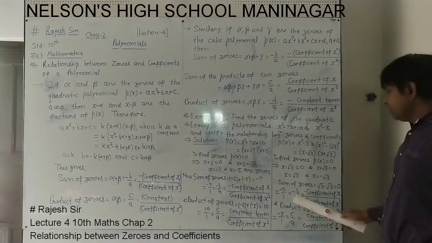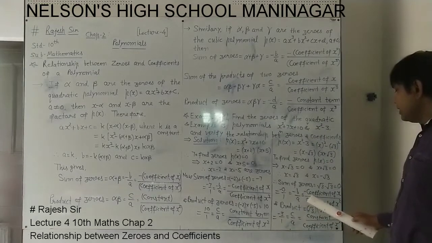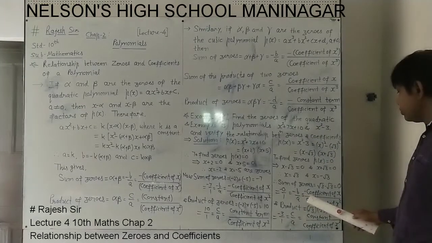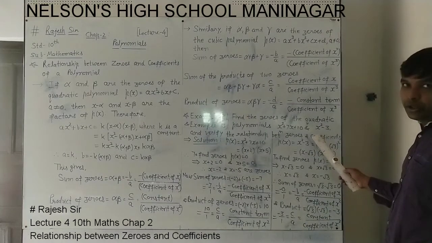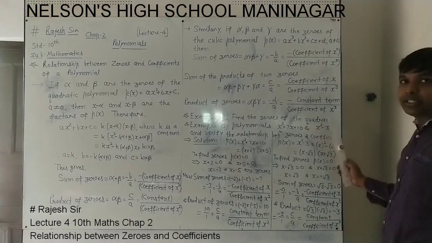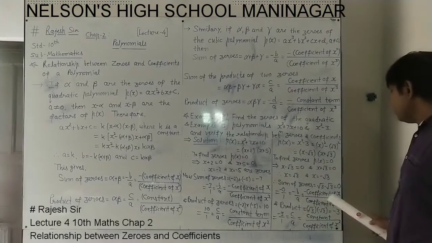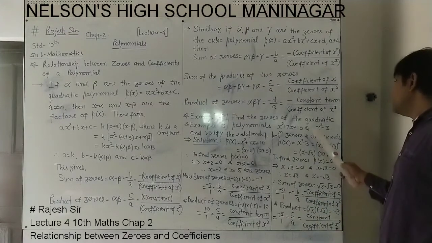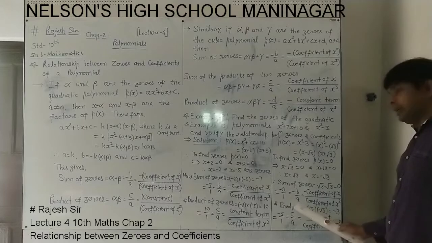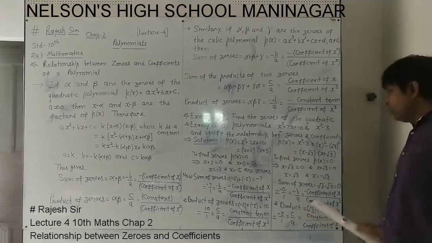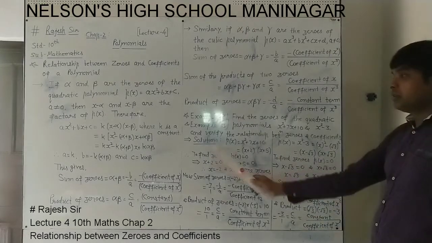So we are getting minus the coefficient of x, that is 0 in this case because the x term is not given, so we consider the coefficient of x as 0, upon 1, which is the coefficient of x square, a. So the sum of zeros is verifying this relationship.